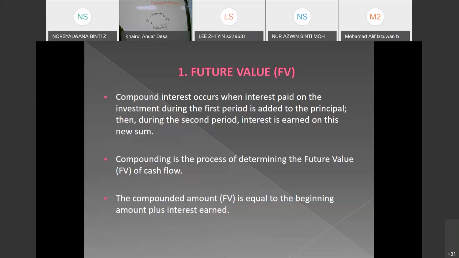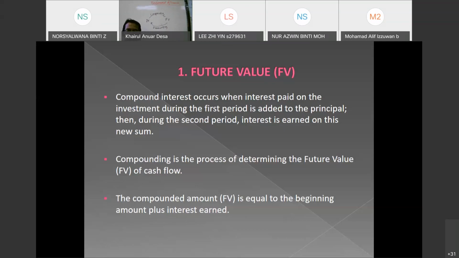Okay, we start with the process of present value to the future value first, or we call it compounding. So the keyword for the future value, either future value itself or compounding. Okay, setakat itu boleh faham kan?